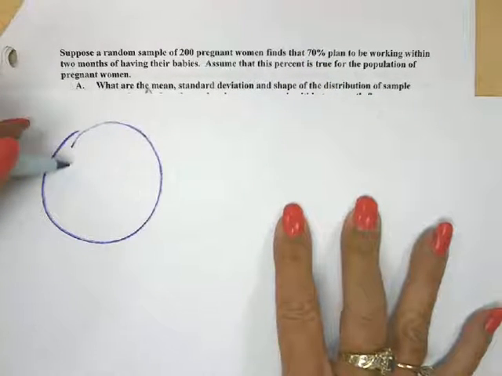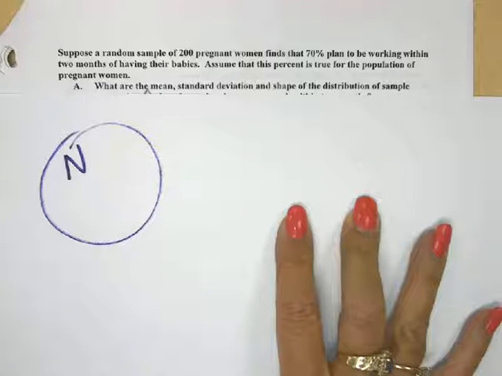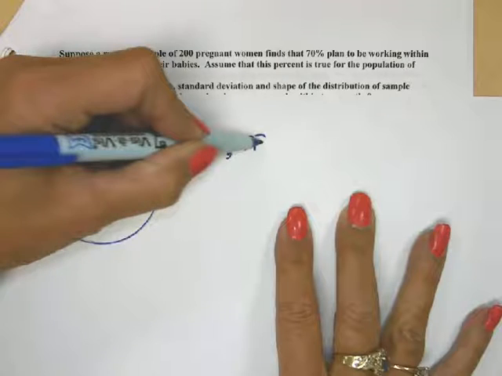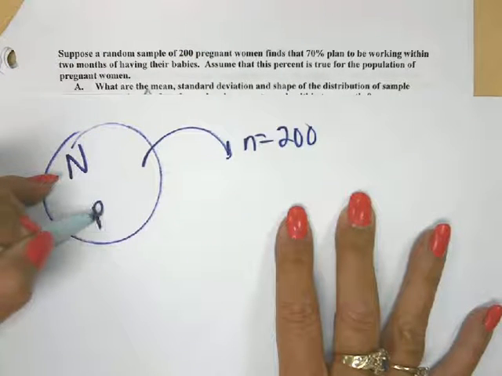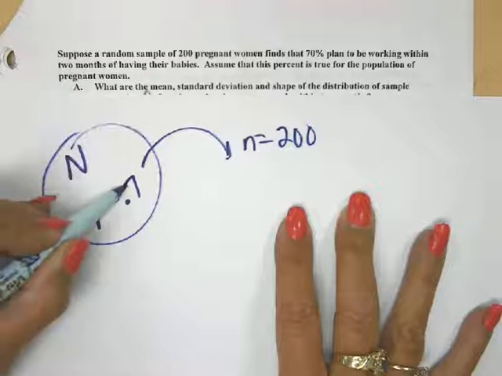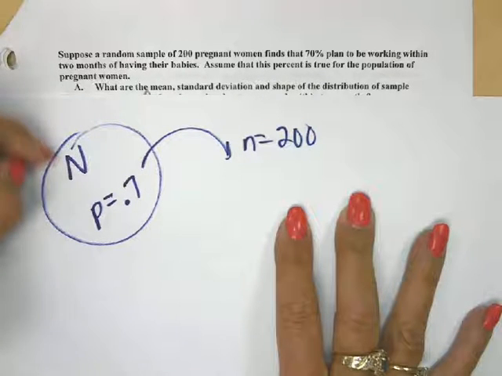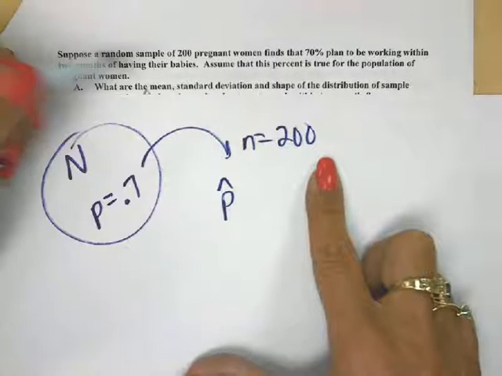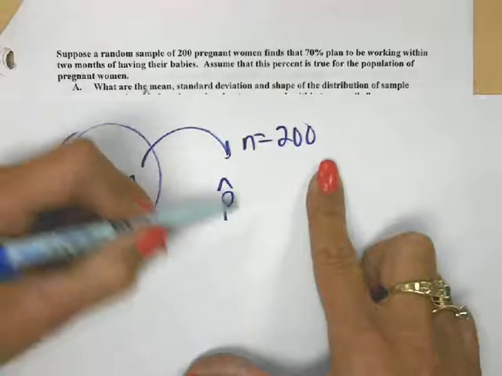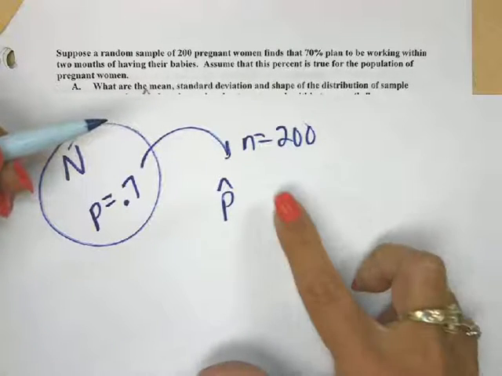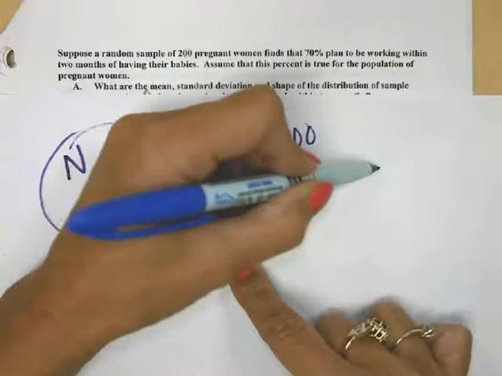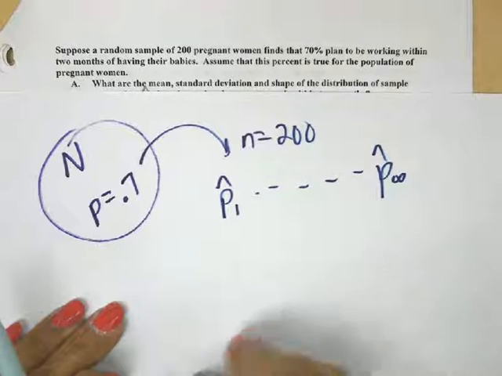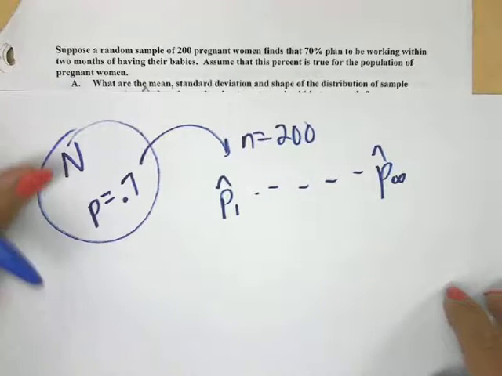Capital N would be all the women who are pregnant, and we're going to take random samples of size 200, assuming that 70% do plan to go back to work. This is going to be a very large number of people. So we're going to sample and get p hats: ask people, do you plan to go back to work? Take the number that are successes, divide by 200, and produce p hats, and get many of them. And we're thinking, how will these p hats center, and what variability or standard deviation will they have?